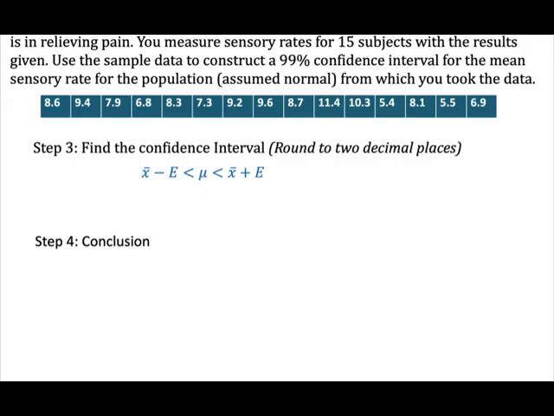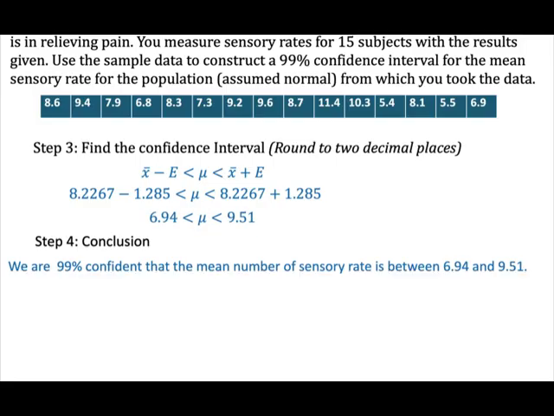Okay, you have the sample mean plus minus the margin of error. You should get this. And then draw the conclusion. So we are 99% confident, okay, and the weight is going to be in between these two numbers.